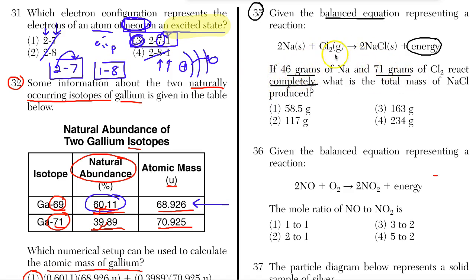There's exactly the amount needed, so all of this reacts completely, no excess. What's the total mass of sodium chloride produced? Well, if the total mass of my reactants is 46 and 71, can anyone guess what the total mass of my products will be?